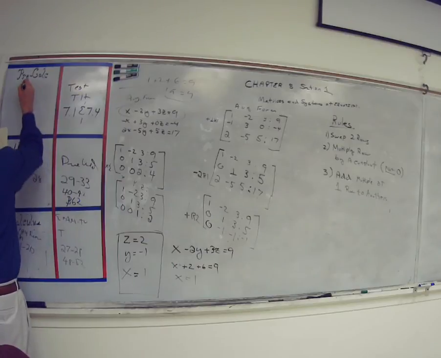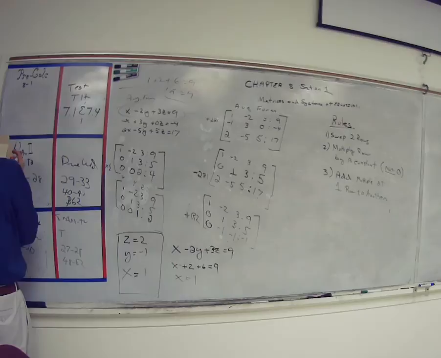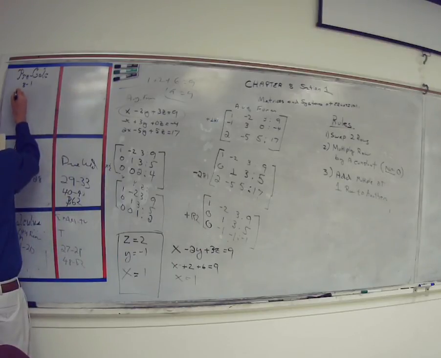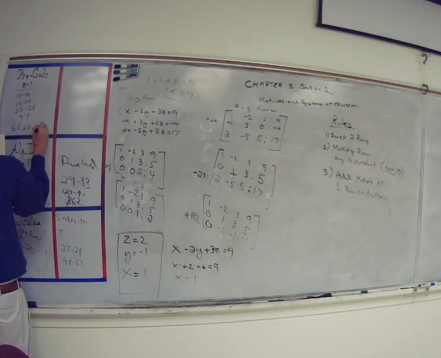This is Chapter 8, Section 1. To do tomorrow is 10 through 16, 18 through 20, 23 through 24, 47, and then 65, 66, 67.